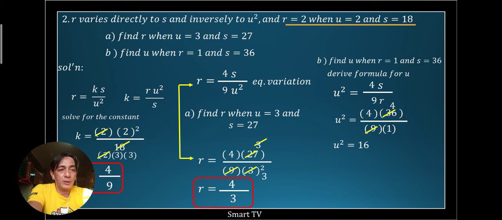Remember, nung nasa quadratic tayo, para mawala yung square, nung nasa left side, you take the positive negative square root of the other side. So, U now is equal to the positive negative square root of 16. And 16 is a perfect square number, kaya natin kunin ang square root niyan. U now is equal to positive 4 and U is equal to negative 4.